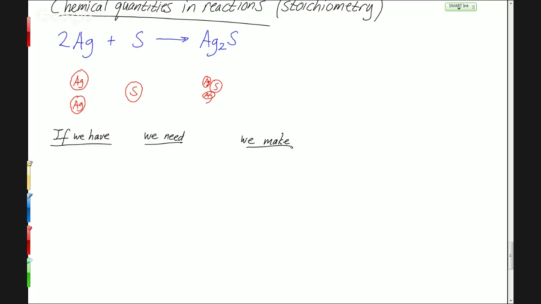So the way we just drew it, if we have 2 atoms of silver, we need 1 atom of sulfur, and then we make 1, it's not really a molecule, but we'll put it in quotes, 1 compound or something of Ag2S, or 1 of those.